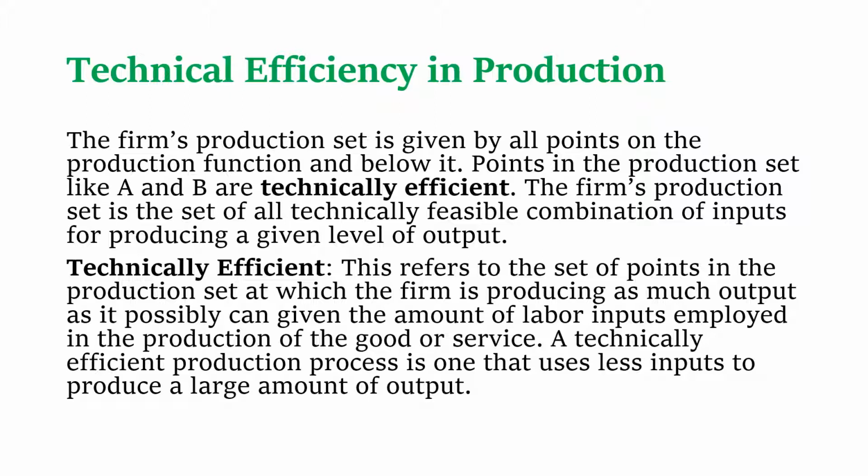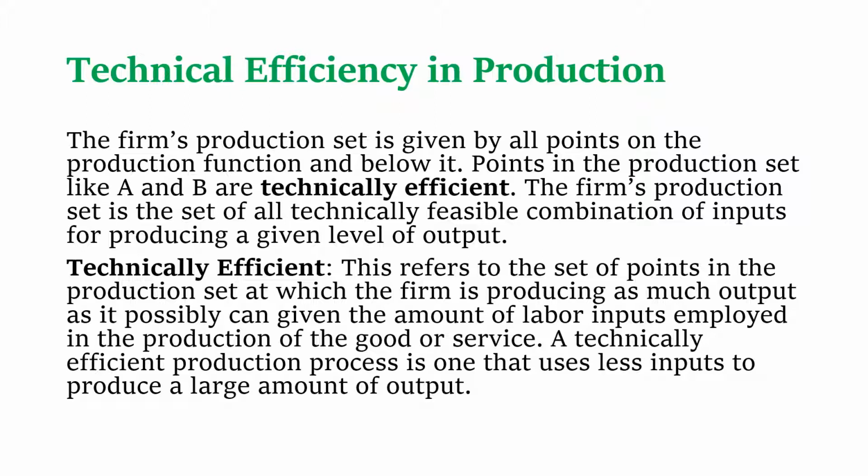As we see on the previous slide, at point A and B, the producer produces the maximum level of output by using less inputs to produce that volume of output. If that is the case, then we say the farm is technically efficient.